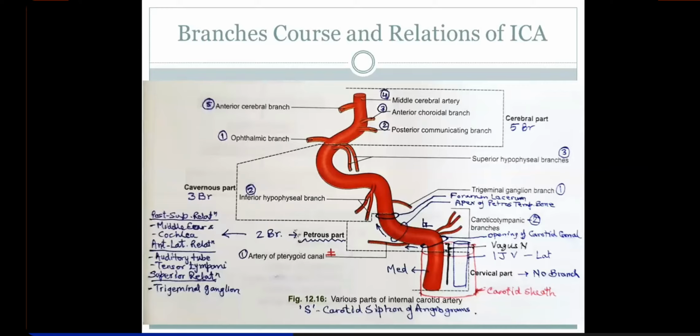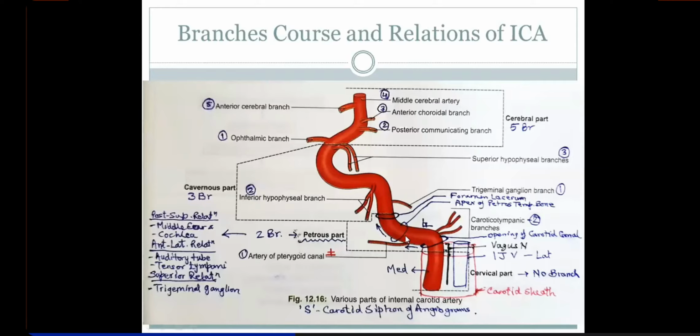Now it comes to lie in the floor of the brain in the interpeduncular fossa, and that last portion is called the cerebral portion of the internal carotid artery. This is the cerebral portion of the internal carotid artery.